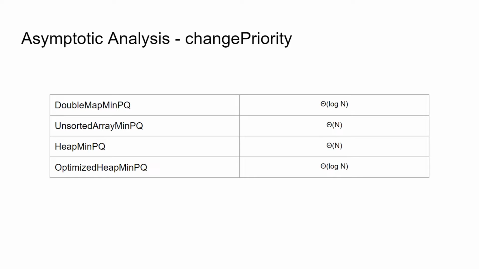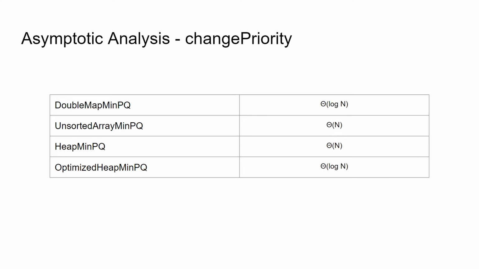And finally, the method adds a new priority node with the newly adjusted priority value into the priority queue, which would take theta of log n. So out of these three runtimes, theta of n is going to determine our runtime. Because of this, the overall worst case runtime is theta of n.